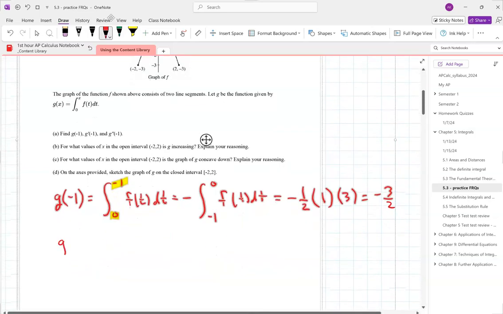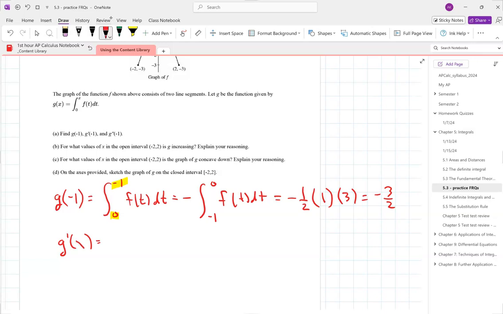Okay. So g prime then of -1, well, let's start with just g prime of x. That's going to be the derivative of the integral from 0 to x of f of t dt.